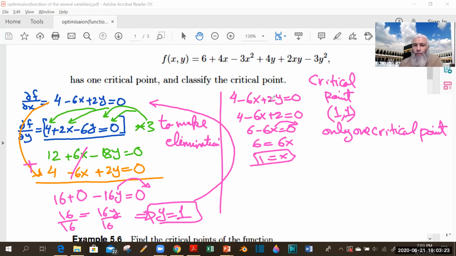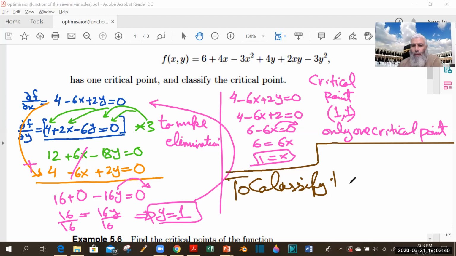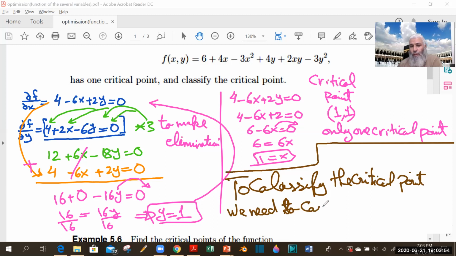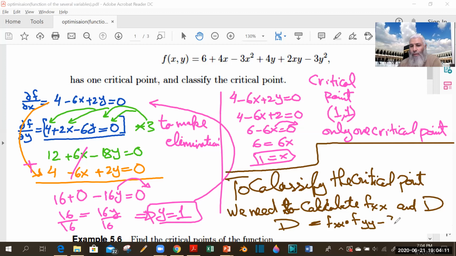To classify the critical point, we need to calculate fxx and D equals fxx multiplied by fyy minus fxy squared.